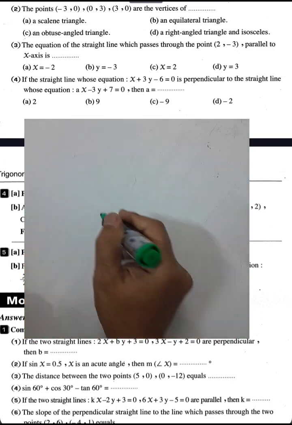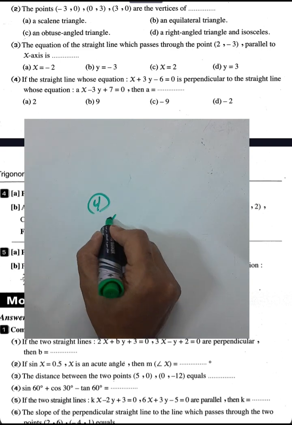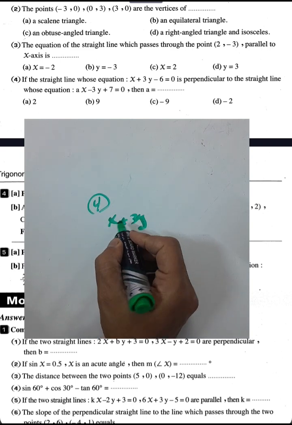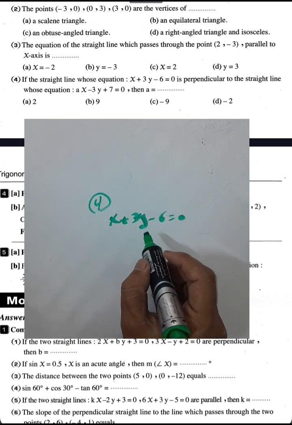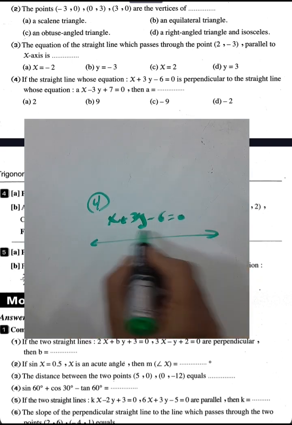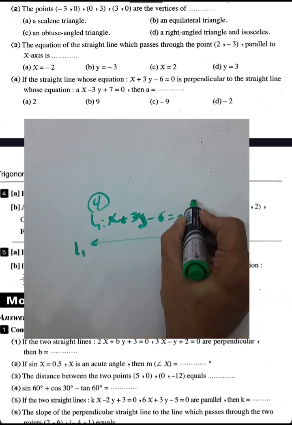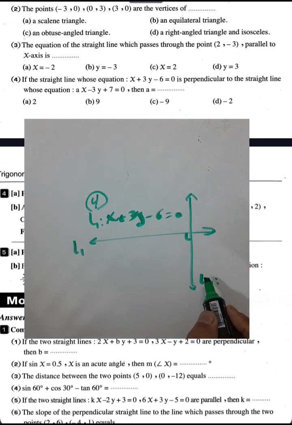Okay, question number 4. The straight line whose equation is x plus 3y minus 6 equals 0 is perpendicular to the straight line. We have this straight line here, L1, perpendicular to L2, a straight line such that ax subtract 3y plus 7 equals 0.